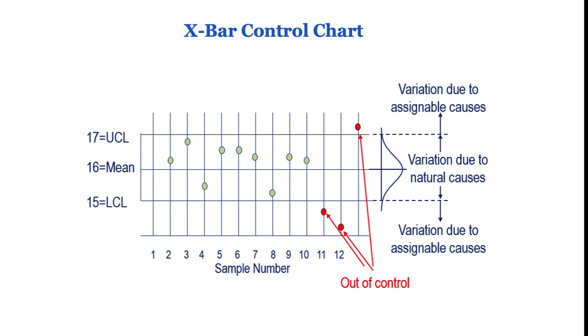Another indication is if we observe one of our observations outside the control limits, above the upper control limit, or below the lower control limit. Those are also indications that something's going on with our process, and that the process might be out of control. So we need to stop the process and examine what is happening, what's causing that assignable variation.